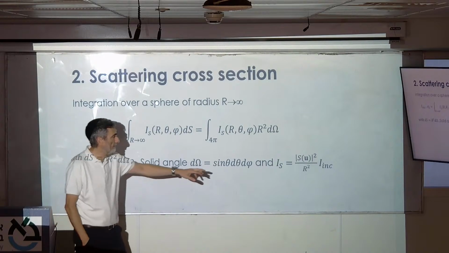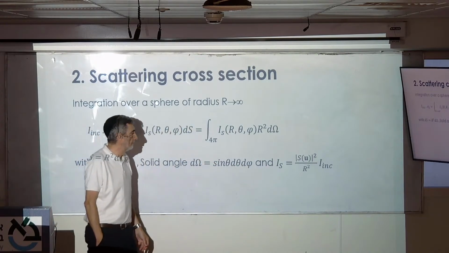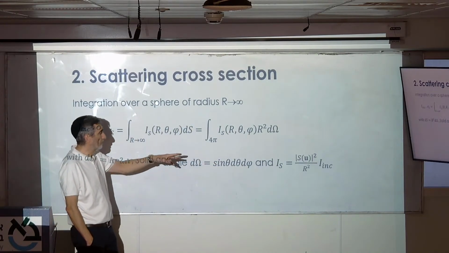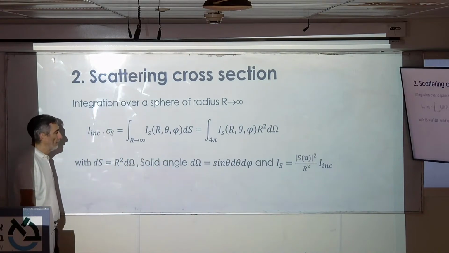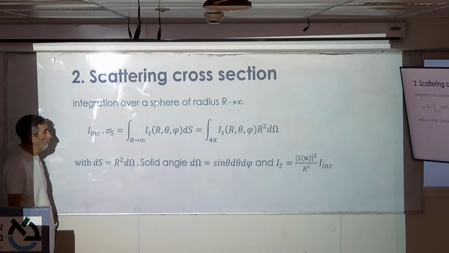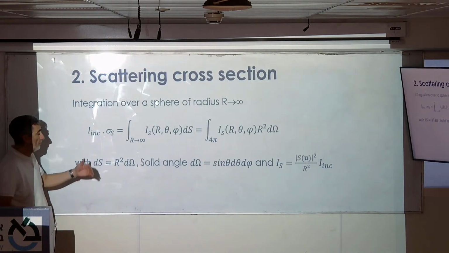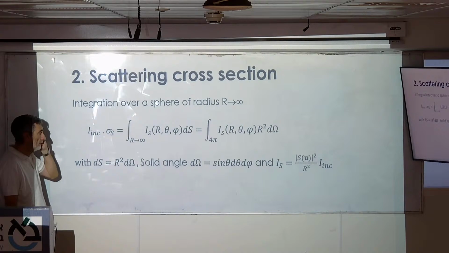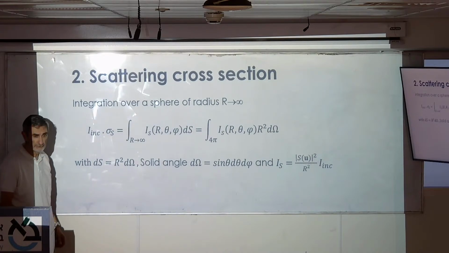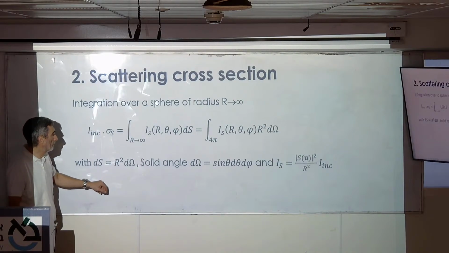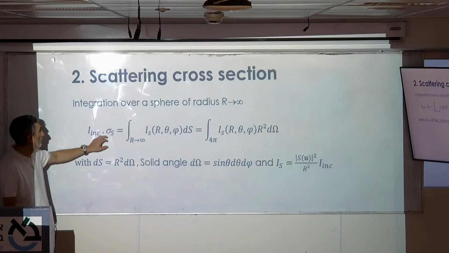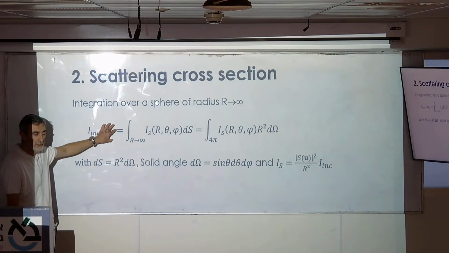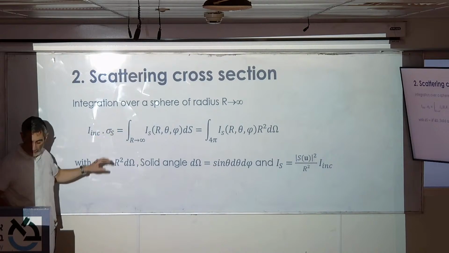And Is is what we presented at the beginning: the scattering amplitude modulus squared over the distance r squared times the incident intensity. What is sigma s? The first line, that's what we want to calculate, but by definition this is the scattering cross section. So I just go back here.